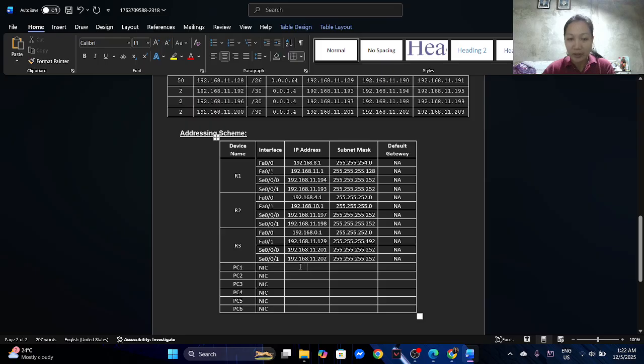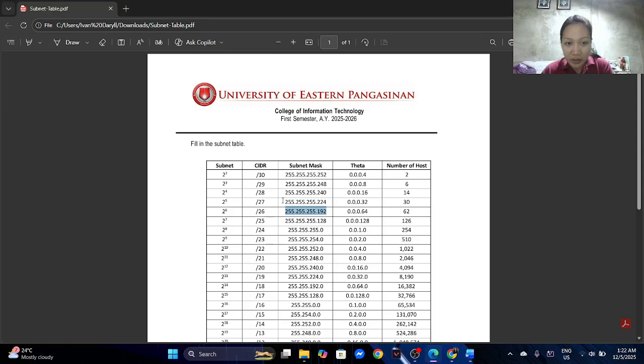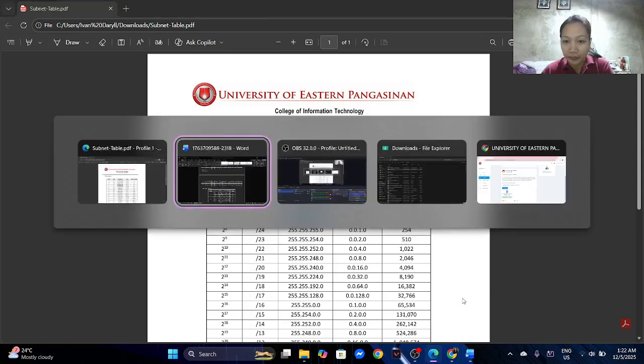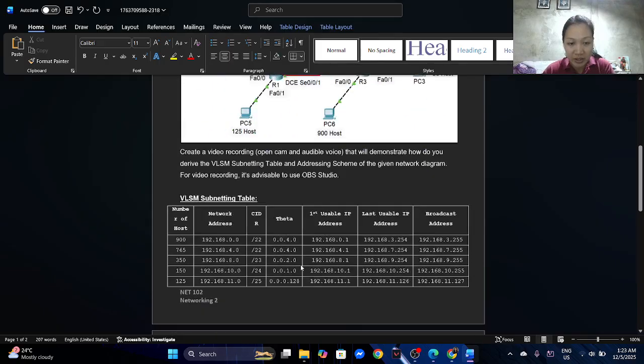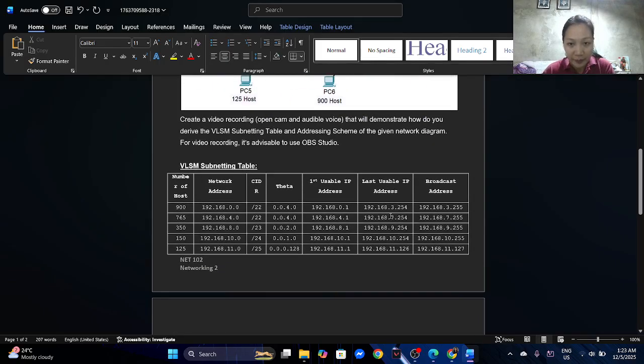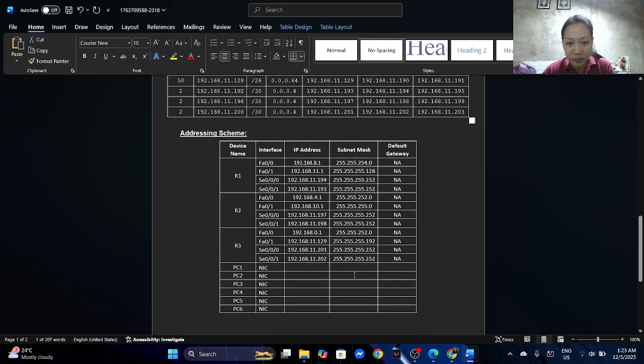So for PC1, the IP address would be the last usable. PC1 is host 765 and the last usable is 192.168.7.254.